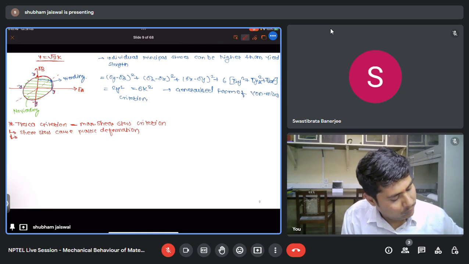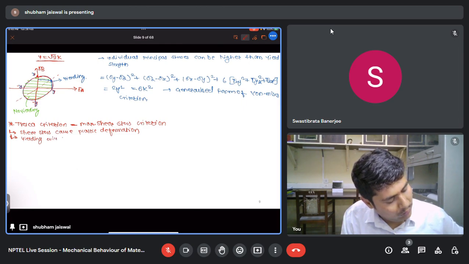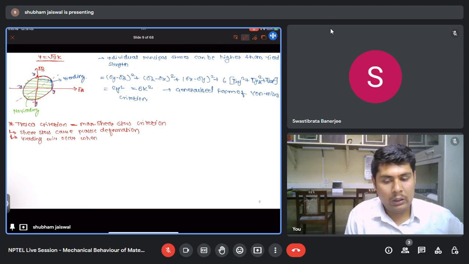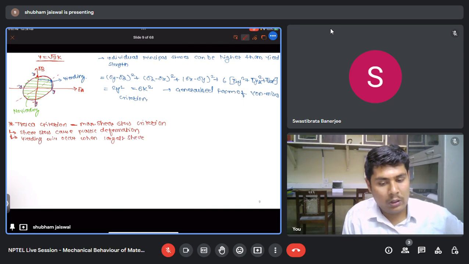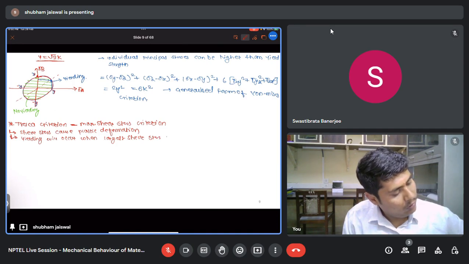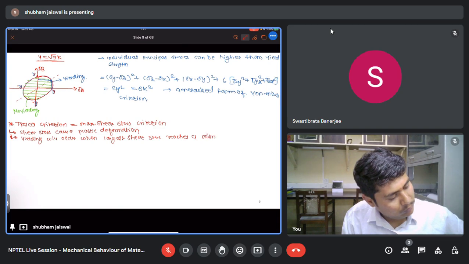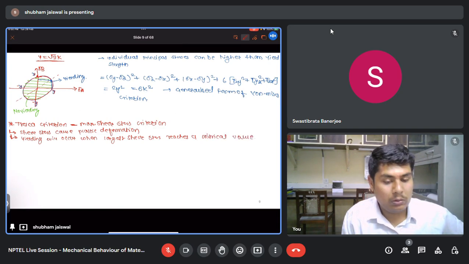So yielding will occur when the largest shear stress reaches a critical value.